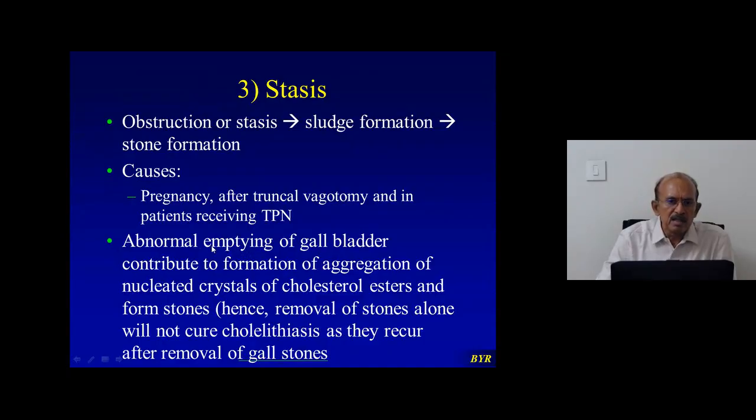So whenever stasis is there, its minerals precipitate out and form crystals. So the cholesterol forms the crystals, and from that the stones will form. Hence, in a patient with cholelithiasis, if you just remove the gallstones, it will recur. You have to remove the gallbladder also, otherwise the stones will recur again.